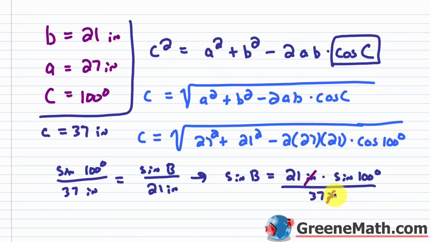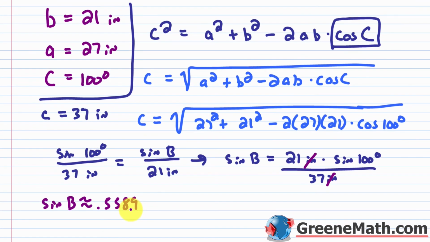Just punch this into your calculator, and you're going to find that the sine of B is approximately 0.5589. If you use your inverse sine function on this, sine inverse of 0.5589, this is approximately 33.98, so I'll round that to 34. So this is about 34 degrees. That would be your measure for angle B.